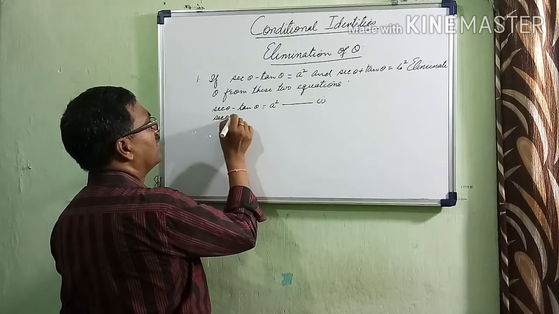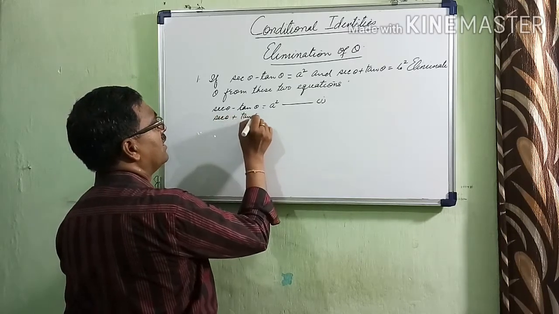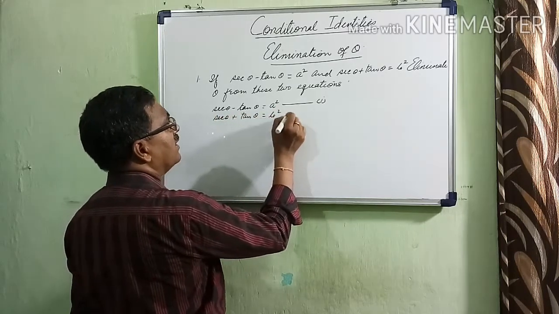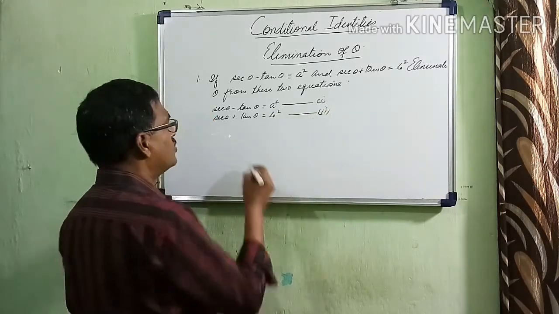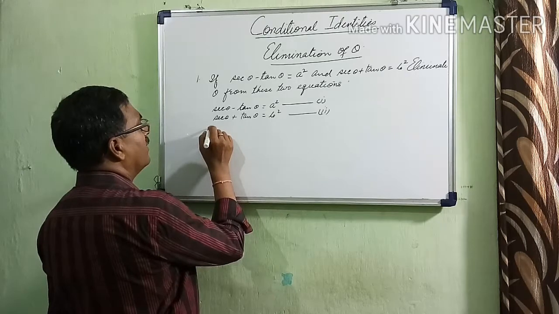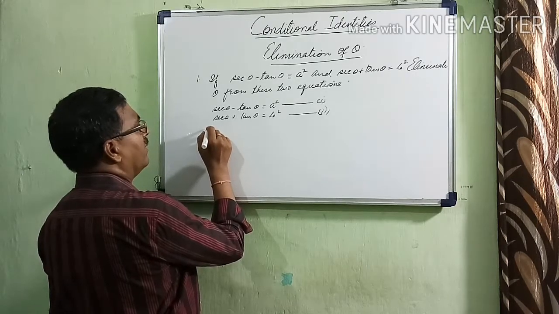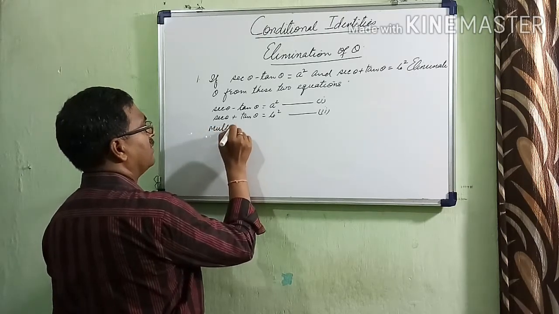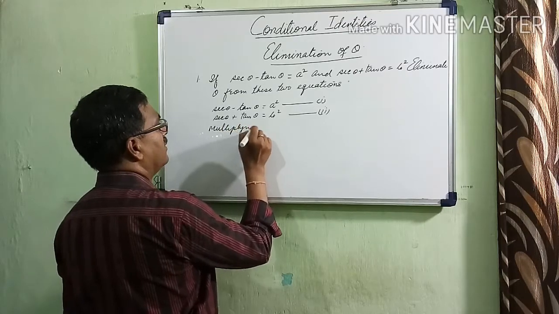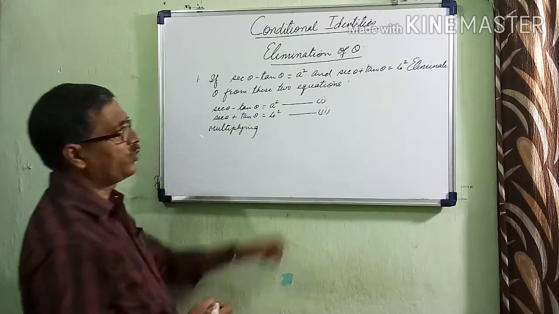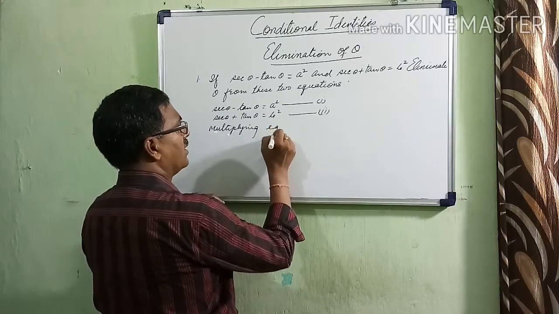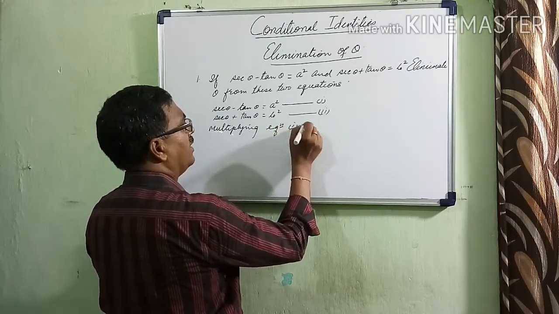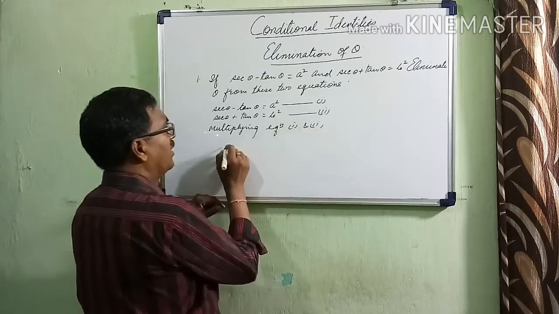Sec theta plus tan theta is equal to b square, equation number 2. Multiplying equation 1 and 2, what can you have?